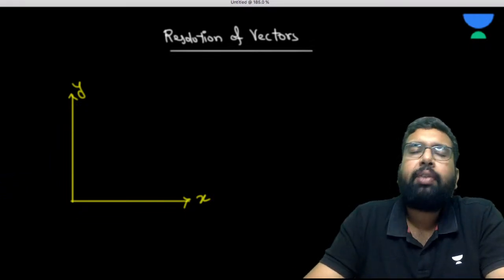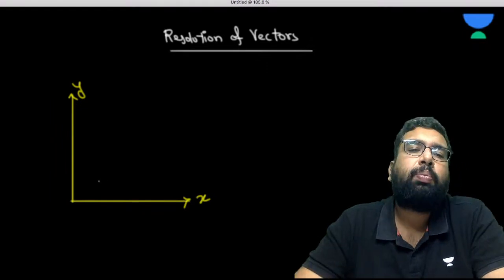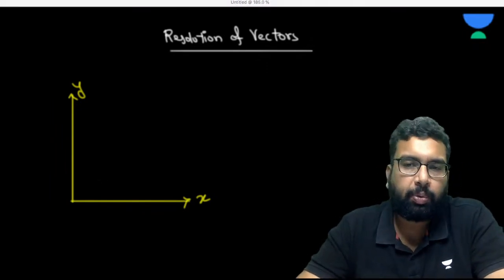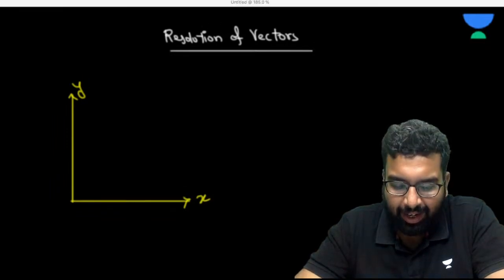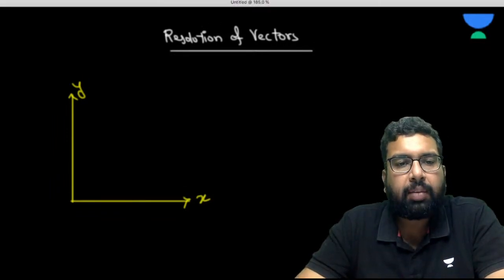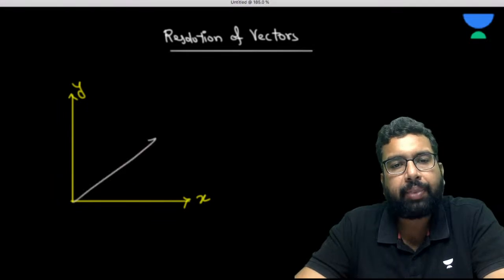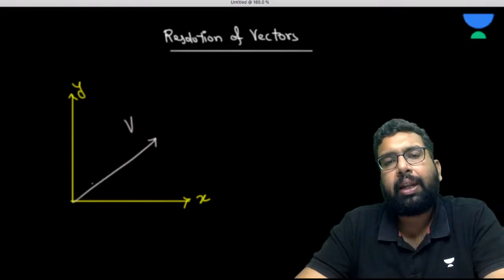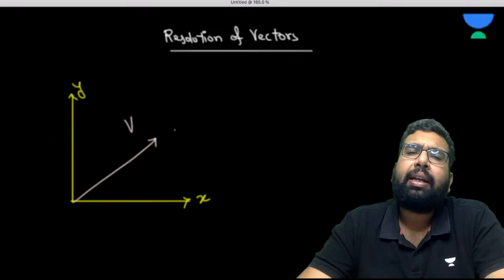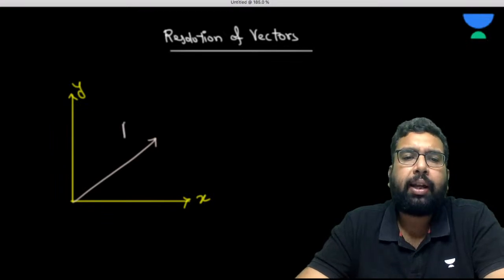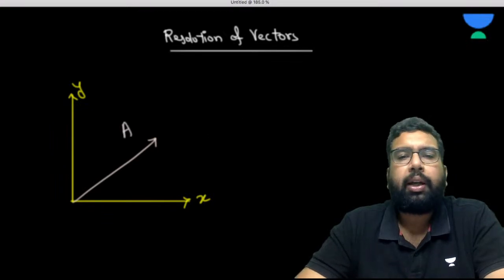Now, we have seen the problem. Something is moving in east direction, something is moving in north direction. Now, let's suppose something is moving like this. Let's call it a. It could be velocity, it could be force, it could be any vector quantity.